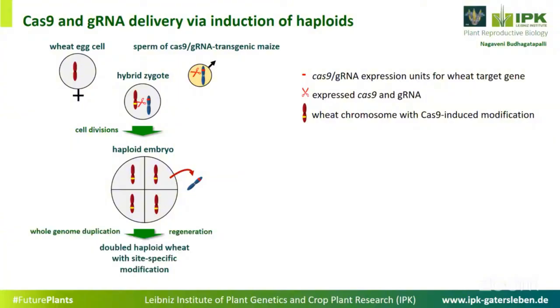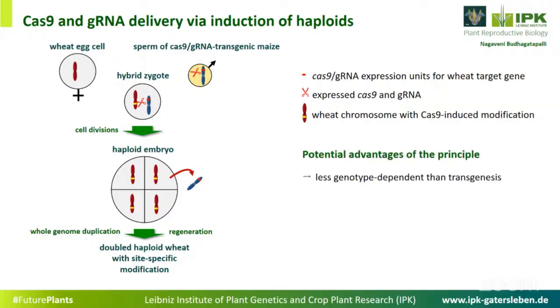And then of course, we would need to make sure there is whole genome duplication, and then we would have mutants which have no transgene anymore, or right away no transgene. But this is not the major thing because these transgenes can be crossed out easily. What for me was much more important is that wheat transformation is pretty genotype dependent. So we are not free in selecting wheat genotypes to be manipulated.